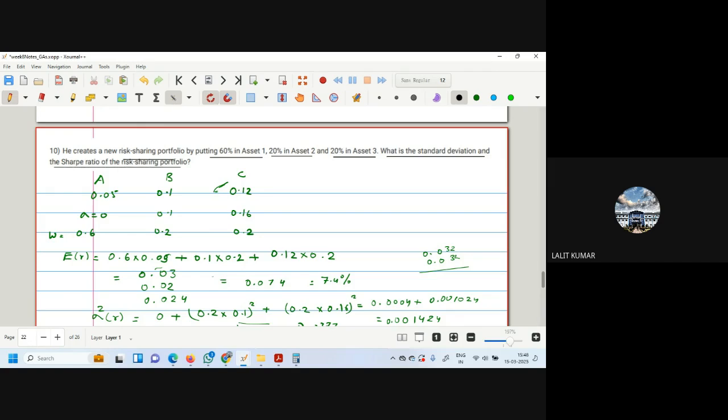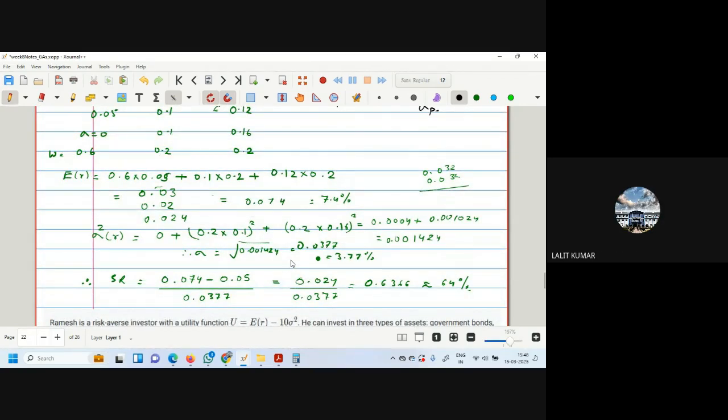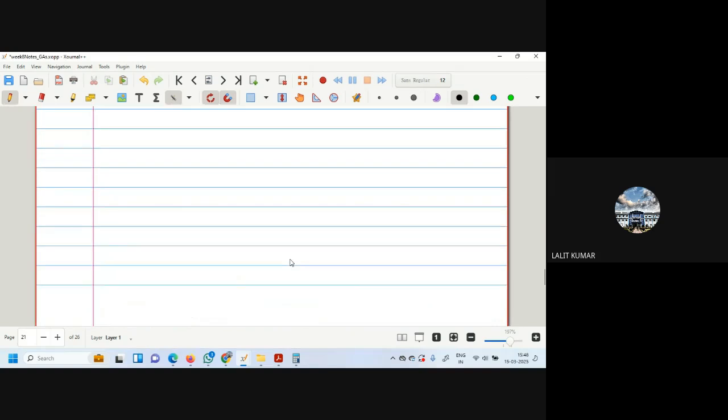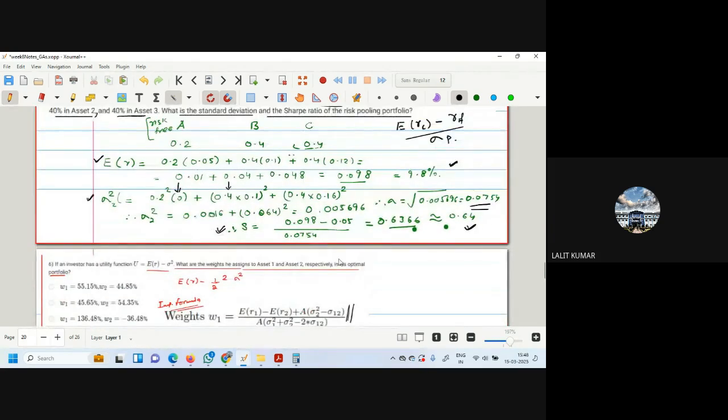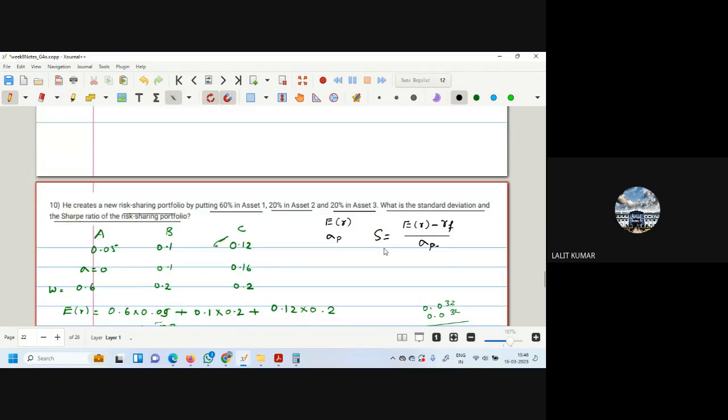So again, we will do the same method, find ER, find sigma P, and then you use ER minus RF divided by sigma P. So it's the same steps and you get the same 0.6366. And if I'm not wrong, earlier also it was the same value, 0.6366. So your Sharpe ratio does not change.